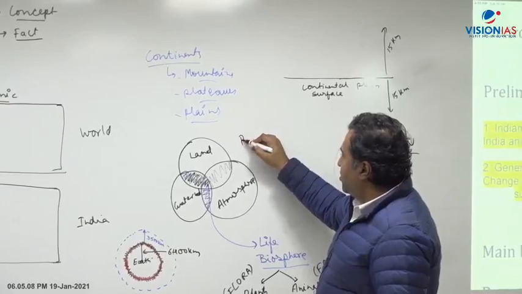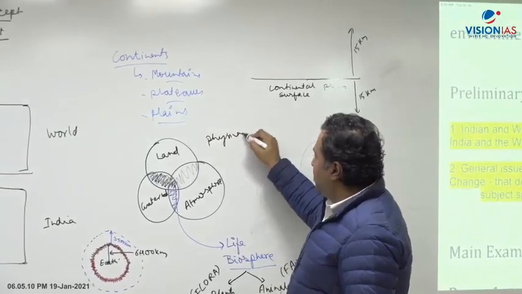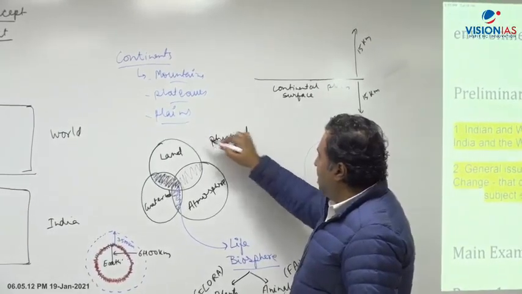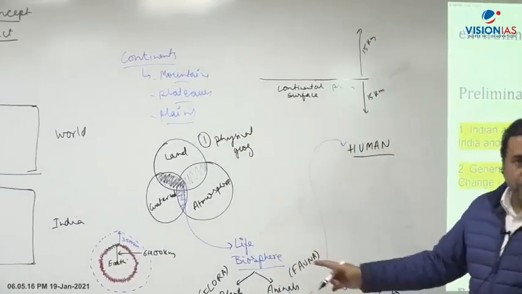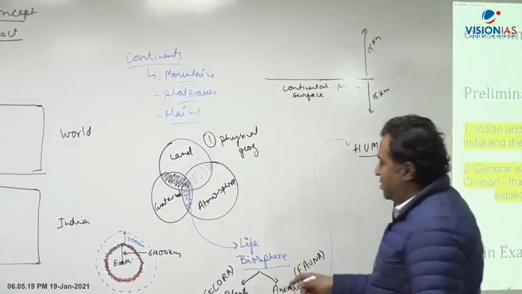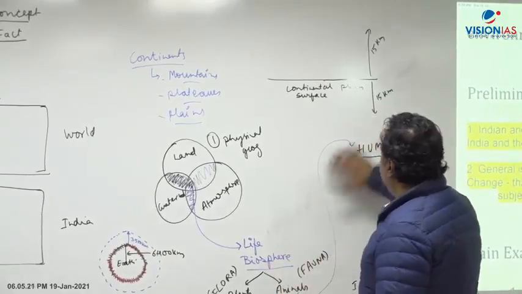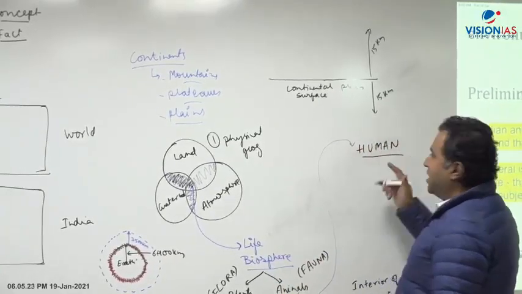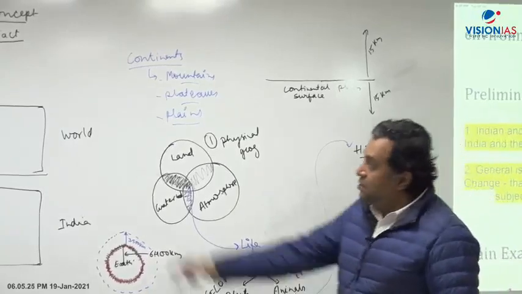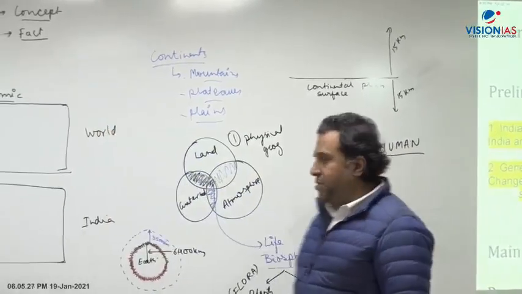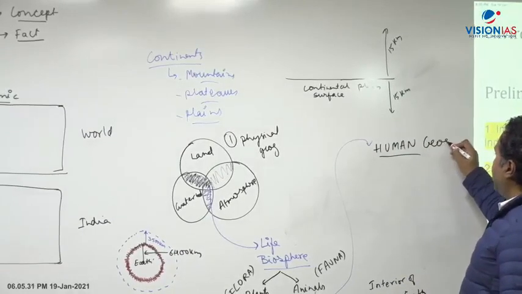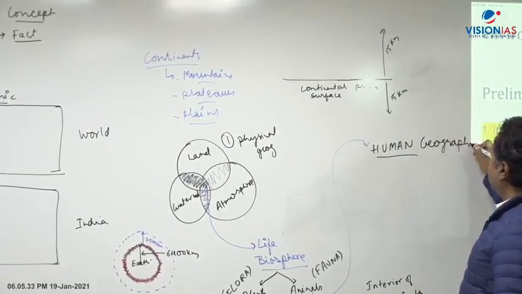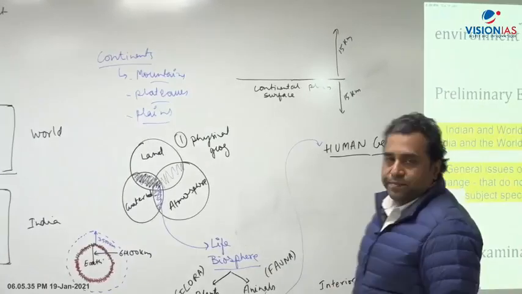This is physical geography. After that, you try to learn about biodiversity. So ecology, environment, biodiversity. And then you come to human. Once you come to human, that's where the second part of the syllabus starts, the human geography part of the syllabus, the next part.